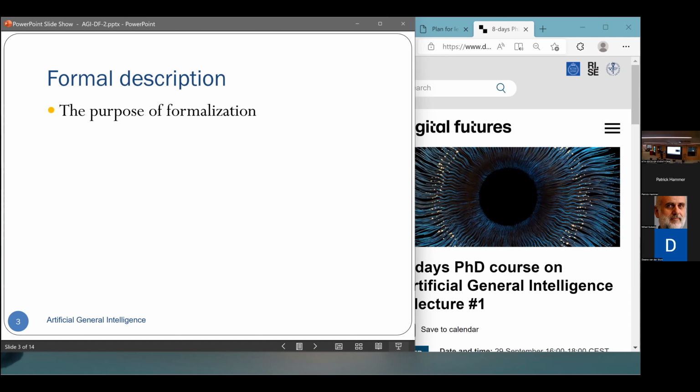See, the problem about natural language description is the ambiguity. We know that in natural language, no matter which language, almost every word can be interpreted in multiple ways, and that causes a lot of trouble. So the purpose of using a formal language, I think, primarily is to make your theory accurate and clear, to reduce ambiguity as much as you can.